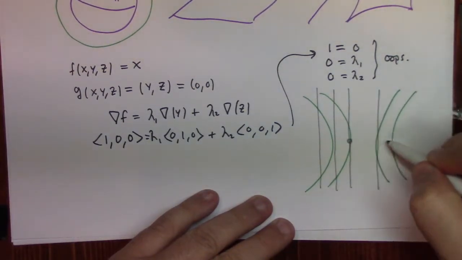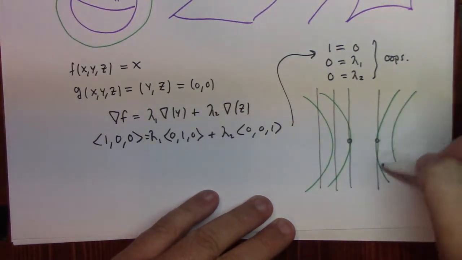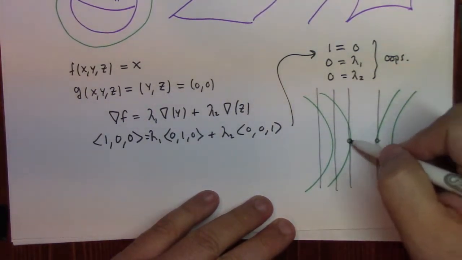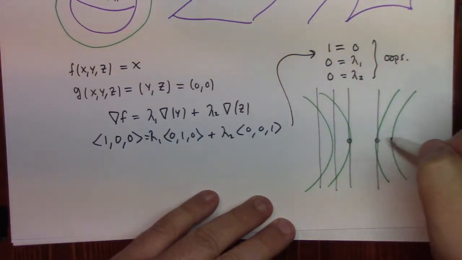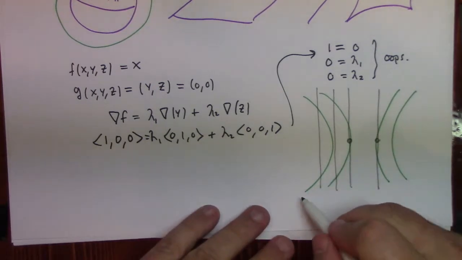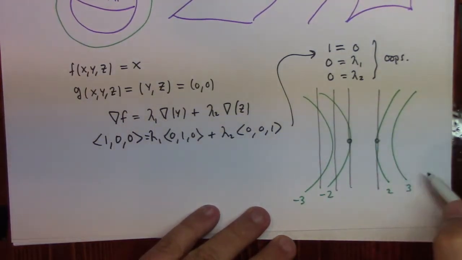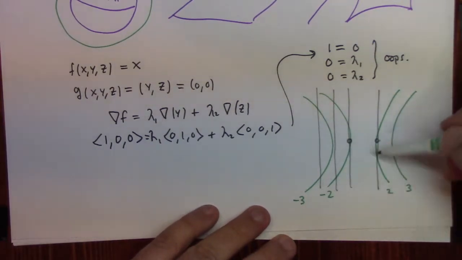If you do that, you're going to pick up on these two points, because these are the places where the gradient to the constraints matches the gradient to the objective, like they're collinear. This could be something like -3, -2, and then over here is like 2 and 3. And if you did that, you find that these are collinear.